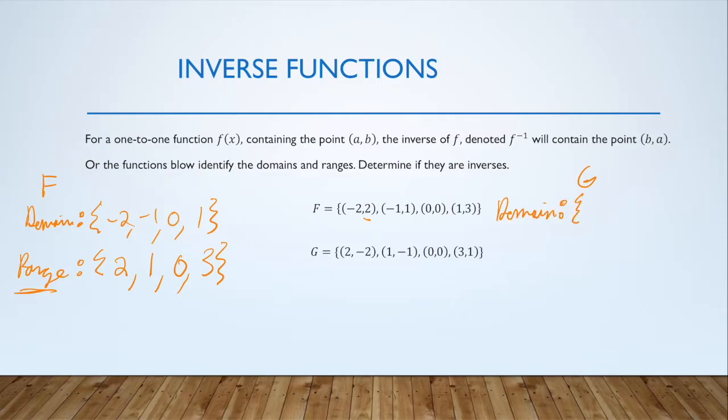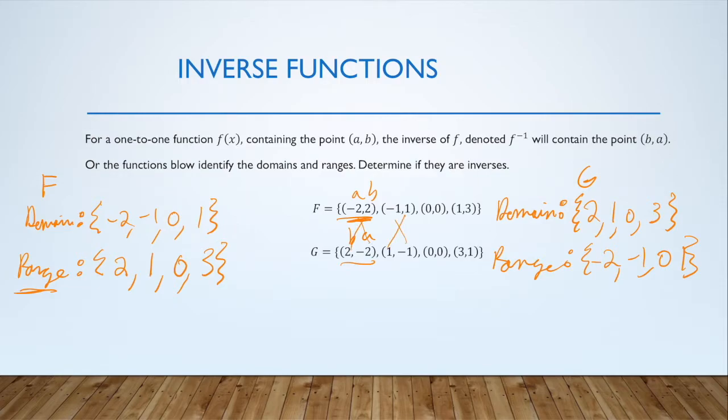So my domain in this case is 2, 1, 0, 3. And my range is -2, -1, 0, 1. So as you can tell, if the point (a, b) is on f, then (b, a) is on g, right? They changed places everywhere. So these two functions defined as relations are in fact inverses.